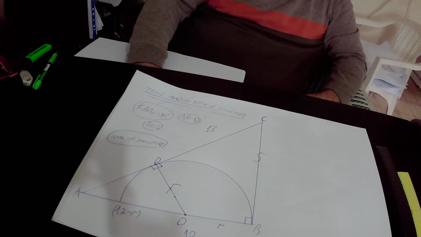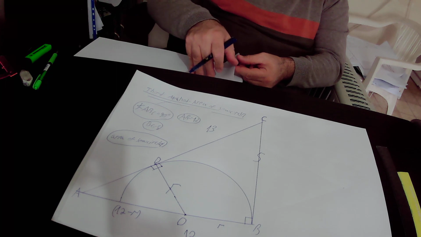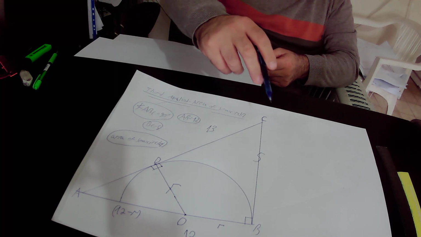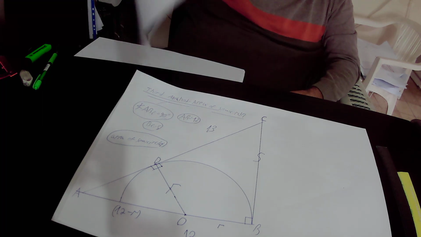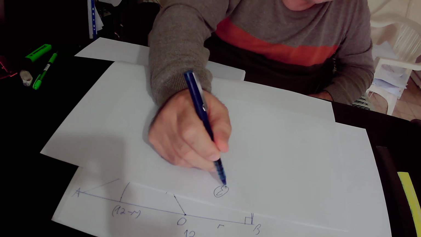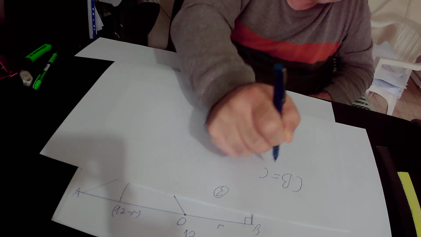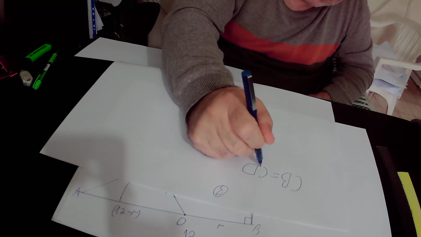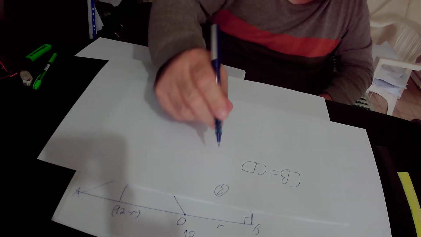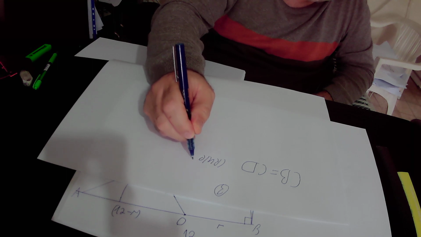So according to two tangents theorem, CB equals CD.